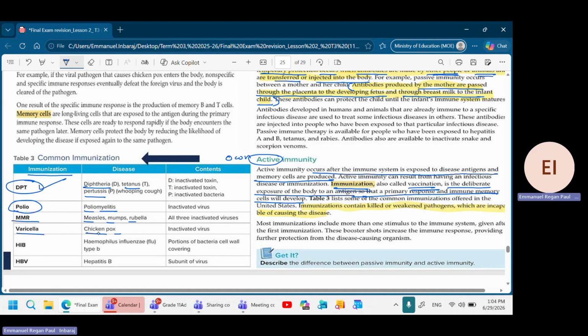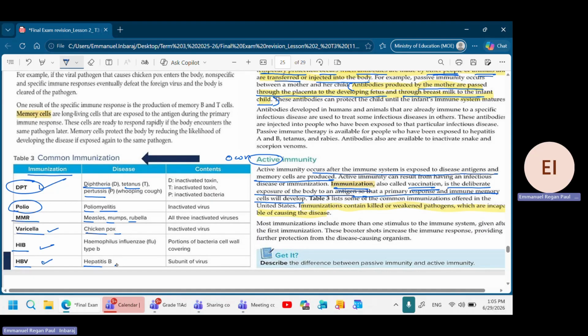Varicella, it's against chickenpox. The chickenpox vaccine is called varicella. You should know this, varicella. And you have a vaccine for Haemophilus influenzae. Then you have HBV, which is hepatitis B. So these are all the different types of vaccines that you have. You should know what each is used for.